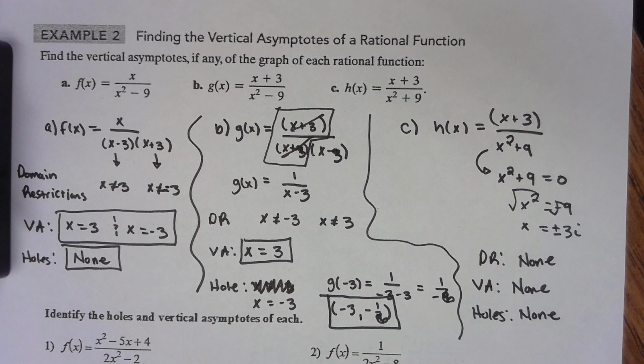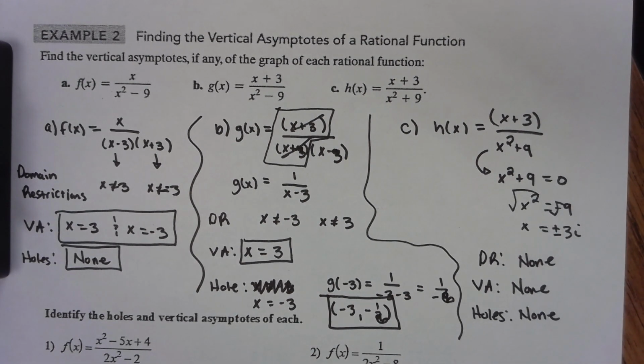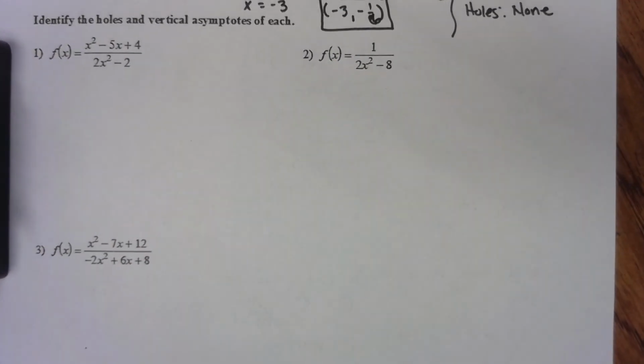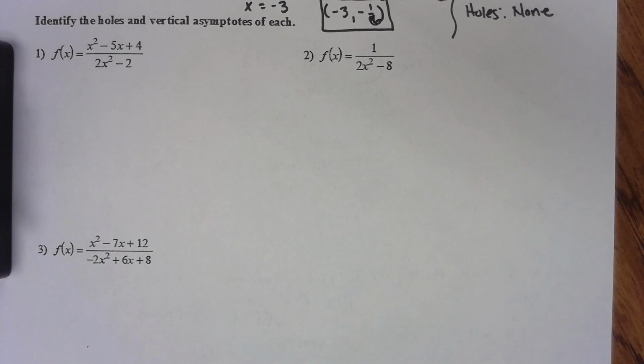What questions might we have about identifying vertical asymptotes and or holes? Again, don't be afraid to ask. Okay. Well, what I'm going to have us do is the exact same thing for the next three functions.